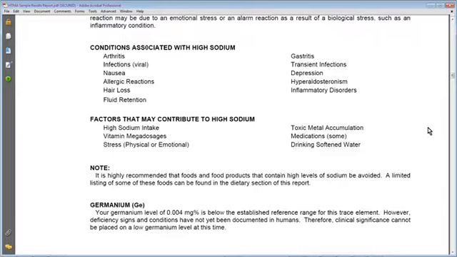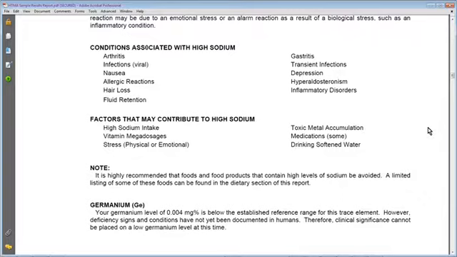Factors that may contribute to high sodium: high sodium intake, vitamin megadoses, stress, physical or emotional, toxic metal accumulation, some medications, and drinking softened water. Note, it is highly recommended that foods and food products that contain high levels of sodium be avoided. A limited listing of some of these foods can be found in the dietary section of this report.